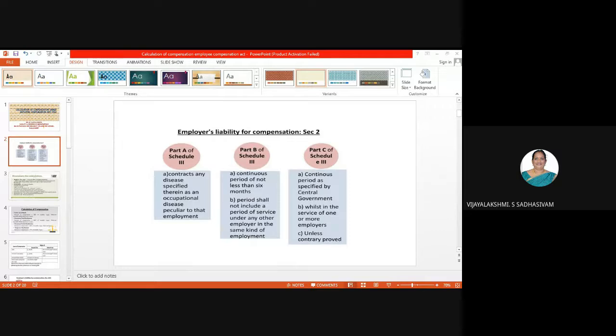So it is a disease which is caused to them for a continuous period of not less than 6 months. So this period shall not include a period of service under any other employer. So this is only the particular employment where he is working at the present situation.